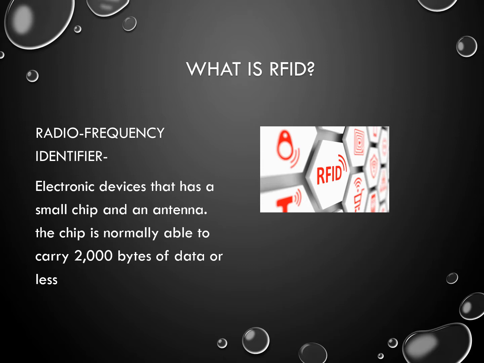It provides a unique identifier of an object that it is associated with, and it does not store a lot of information on the chip. It may store up to 2,000 bytes of data, and that's just about the basic data it needs to perform its function. It's not like a storage device.